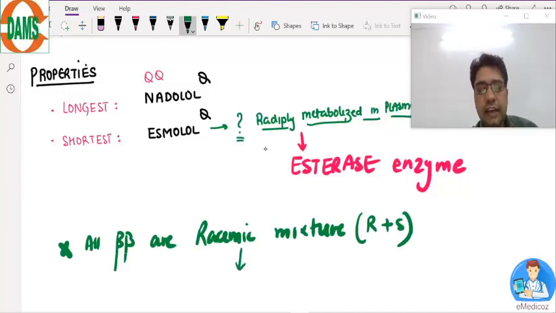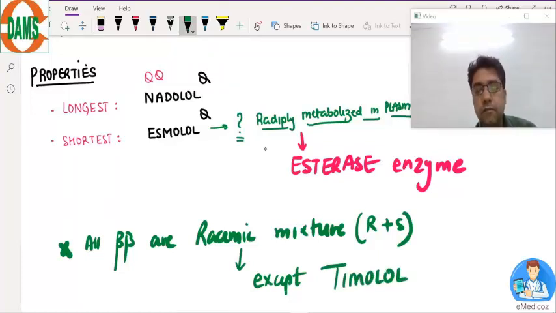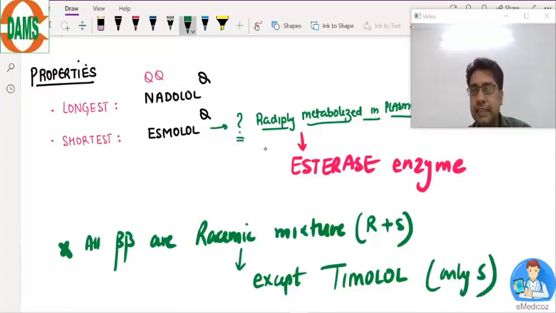And you will write except timolol, only S form. Except timolol, only S form.